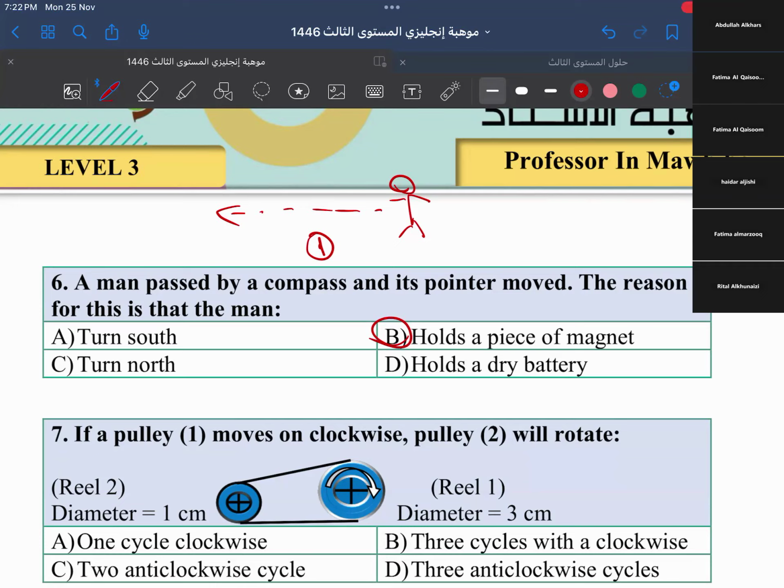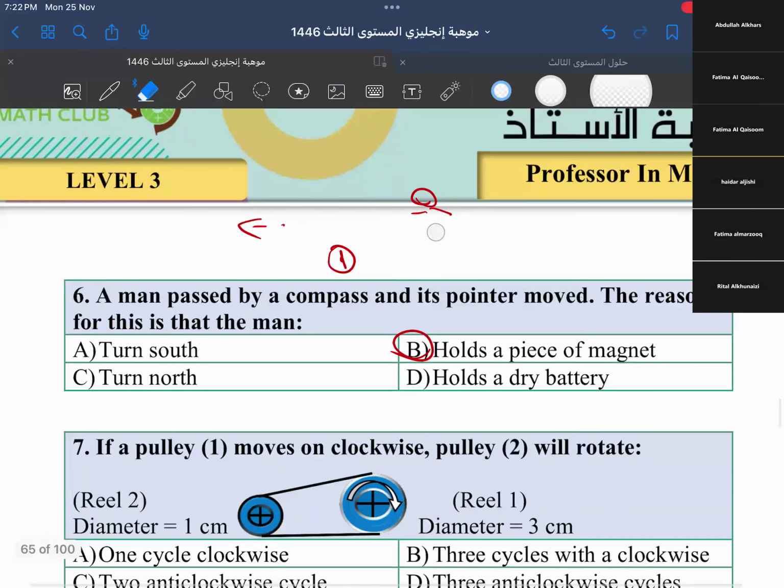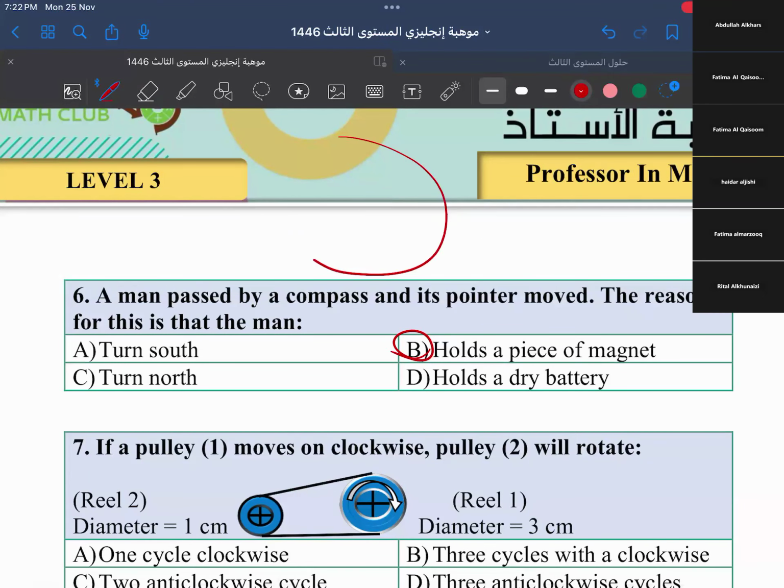Why do you think the answer is B? Maybe because a magnet moves the pointer. Yeah, exactly. The needle inside the compass is actually a small magnet, and it reacts to the poles of the Earth.